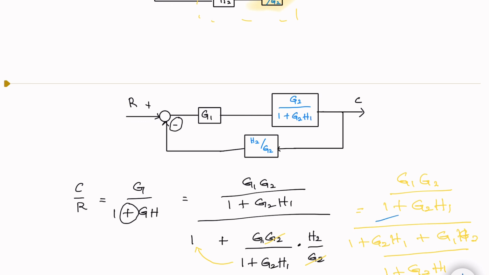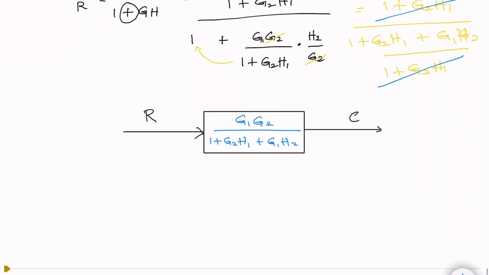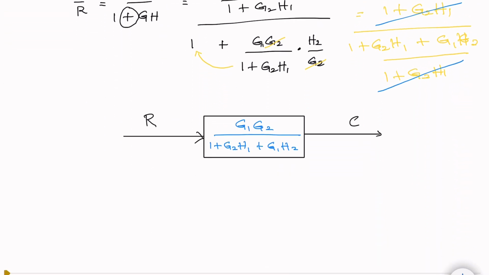Now we can cancel the denominator, and the final transfer function will be G1G2 over 1 plus G2H1 plus G1H2. So this is our final transfer function, which relates the input R and the output C. So we get this final transfer function using the block diagram simplification method.